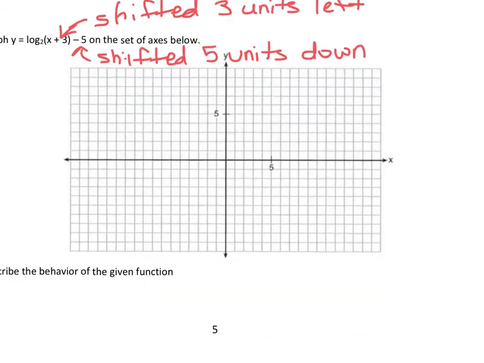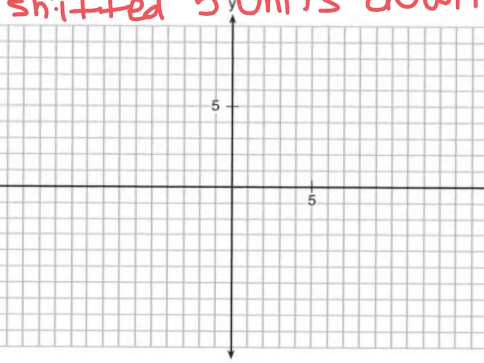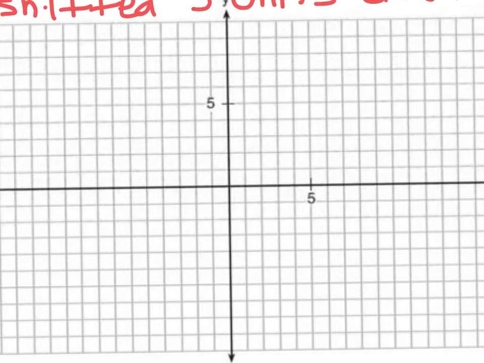Okay, I'm going to make this a little bigger for me to plot it so it's easier. The first point we said was -2, -5. So I'm going to go back 2 and down 5, 1, 2, 3, 4, 5, and put a point. The next one was -1, -4. And then we had 0, which was not a nice clean y value.